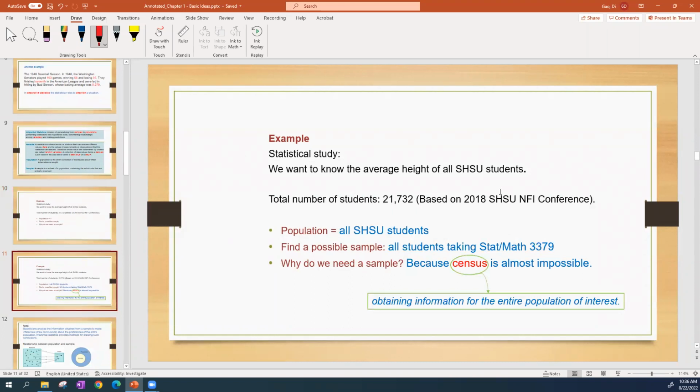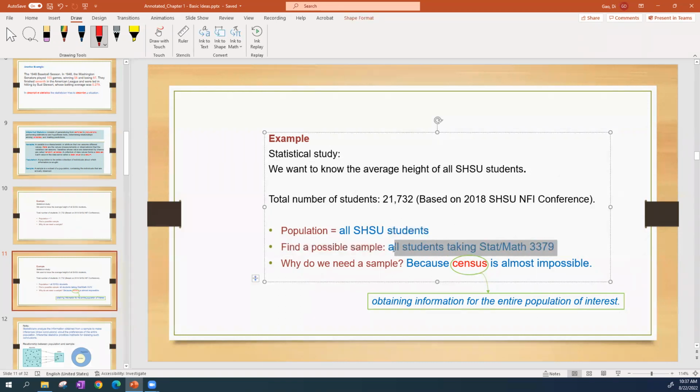So the population, we already discussed when we introduced the definitions for population and sample. The population is all SHSU students. And for a possible sample, we want a subset which is not as large as the population and can represent the population well. So we can say all students taking stat or math 3379.